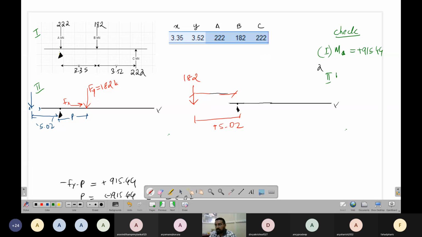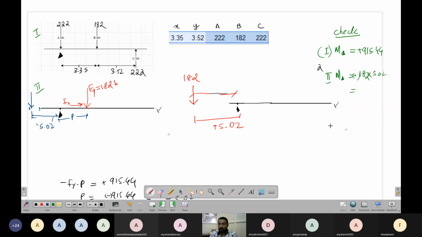In system 2, the moment about this is equal to 182 times 5.02 in a positive sense. It is rotating in anti-clockwise direction. What is the value? This value should also be 182 times 5.02.